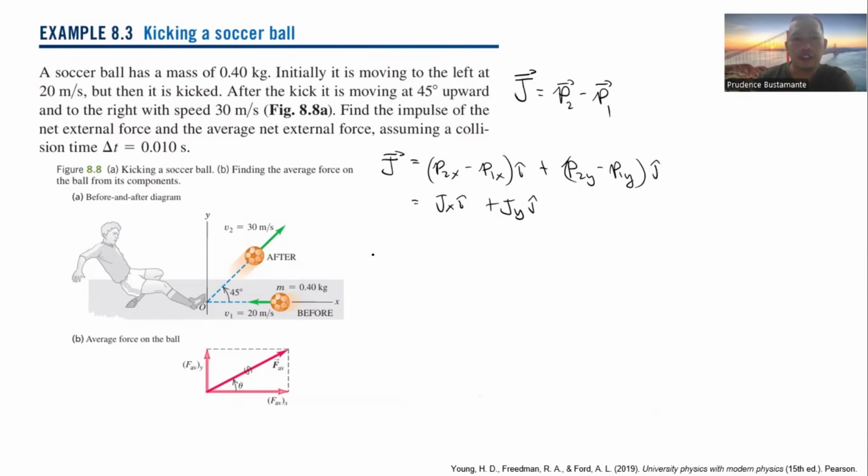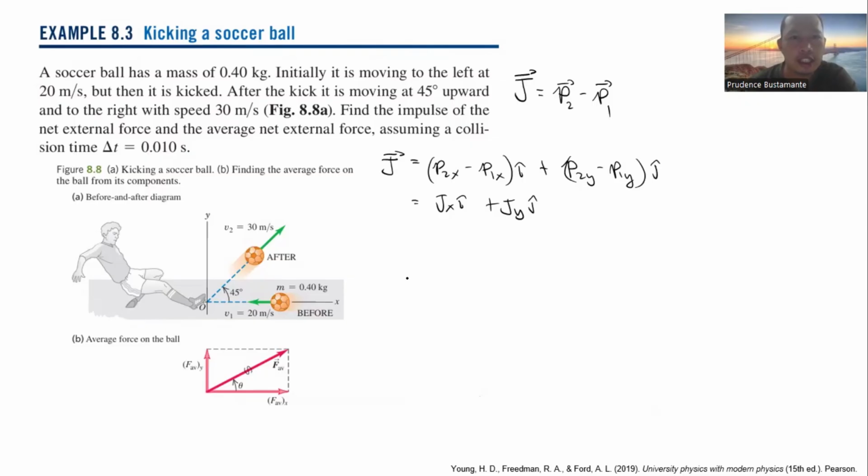Now, for letter A, after finding the impulse of the net external force, you're going to find the impulse J. To do that, you can first find the components Jx and Jy, then find the magnitude. But this problem is vague.